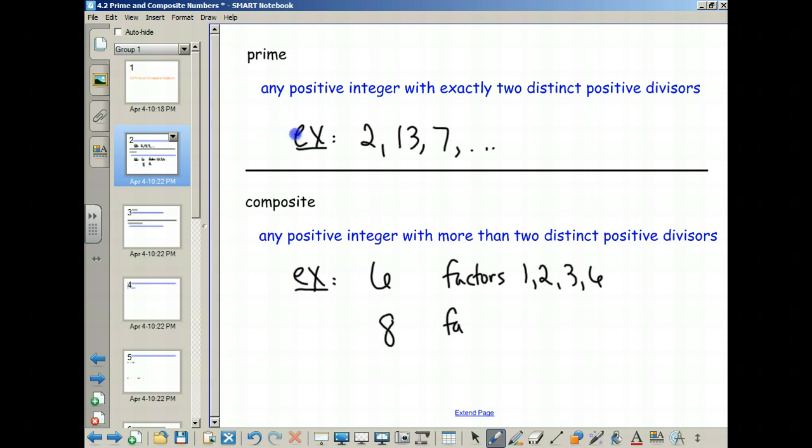What are the factors of 8? 1, 2, 4, 8. So there's a way to get 4 factors. Is there any way to get 3 factors? 4 will work. So what are the factors of 4? 1, 2, and 4.